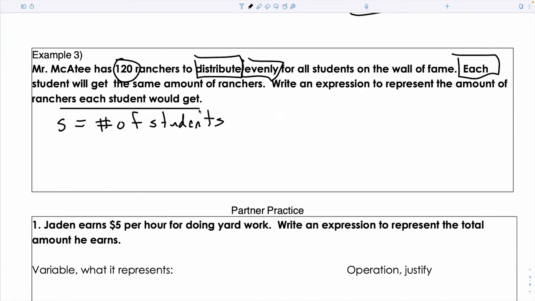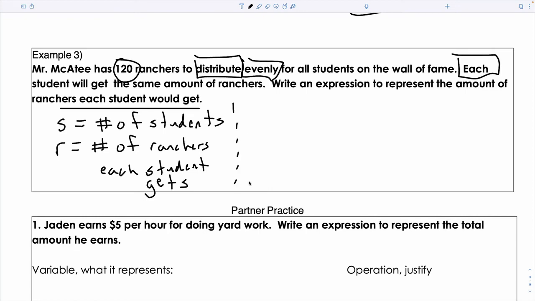What am I asking to find? Do you agree, Raiden? What variable do you want to use, Raiden? Sure, R for ranchers. R is the number of ranchers each student gets. Yeah, I just call them ranchers because it's my shortcut. Each student gets.